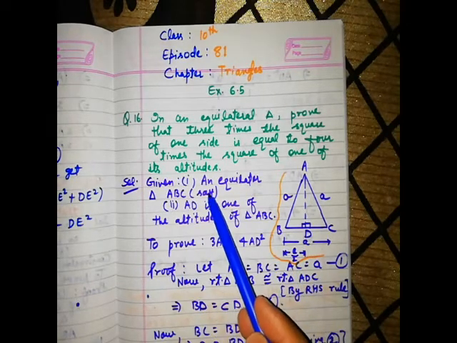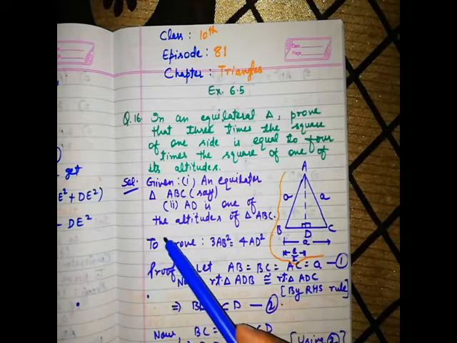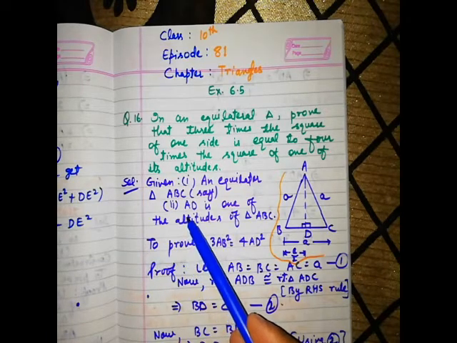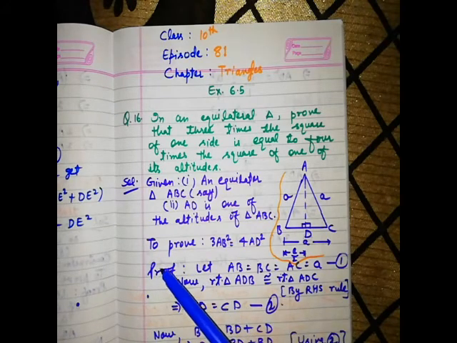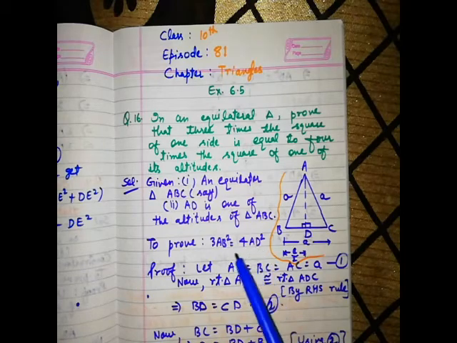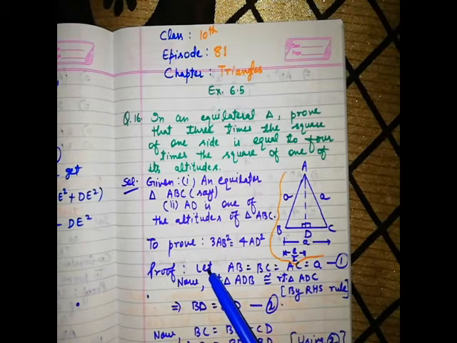In given we'll write an equilateral triangle ABC, and AD is one of its altitudes, and in to prove we'll write 3AB square equal to 4AD square. This is what we have to prove.